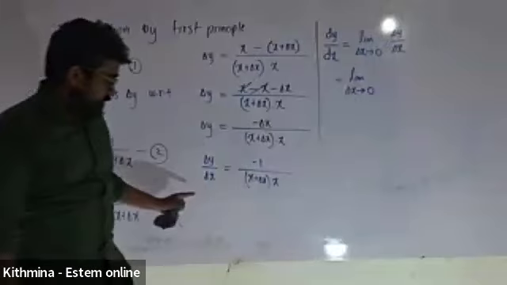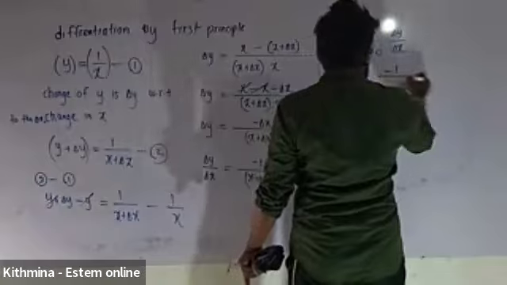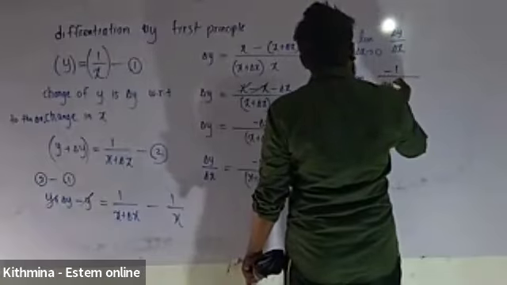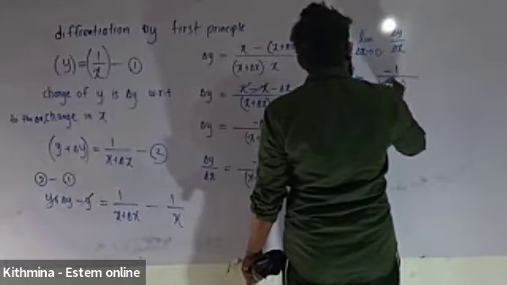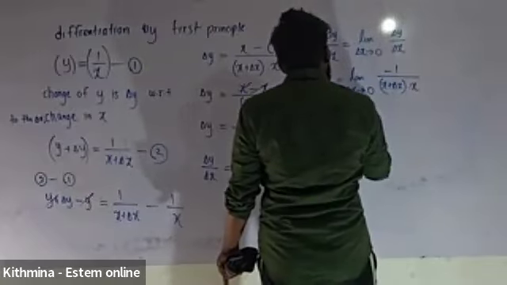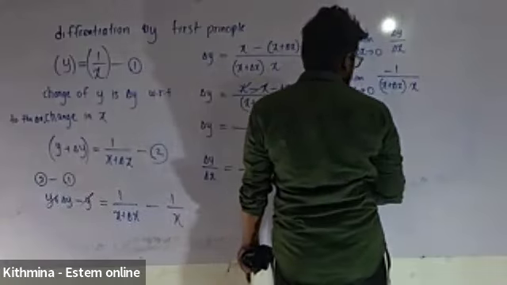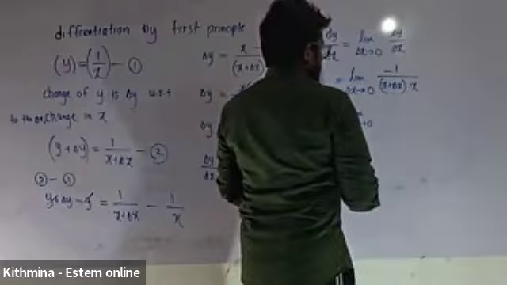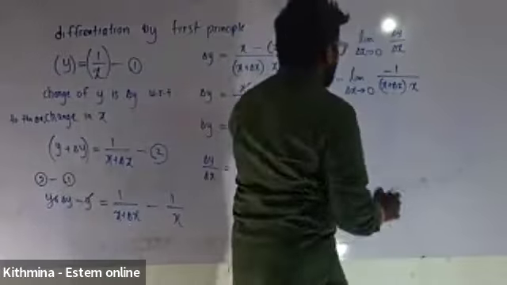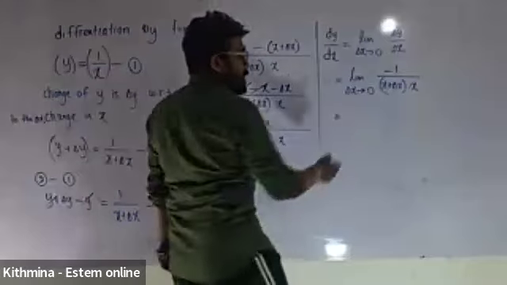We can substitute delta y over delta x by this: minus 1 over x plus delta x times x, with the limit as delta x goes to 0. Okay, I think you can get the answer easily, no?